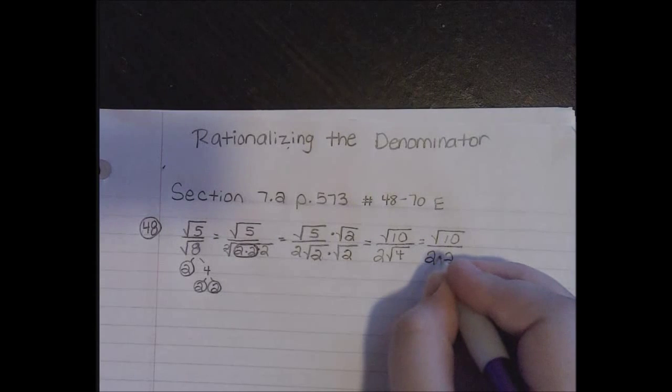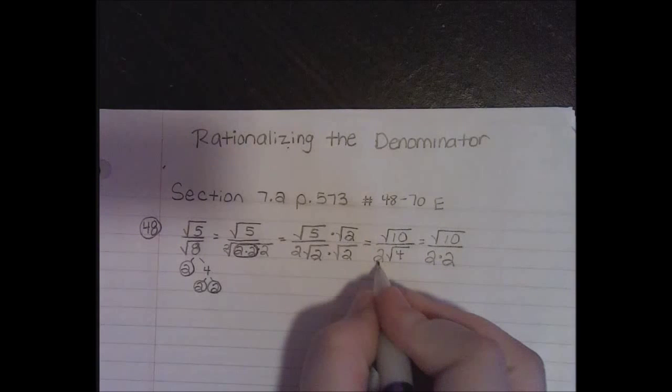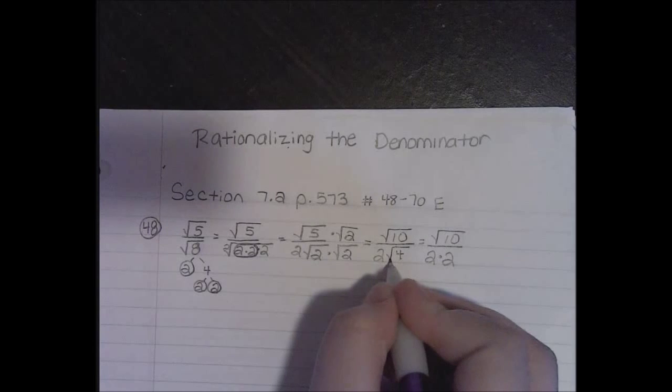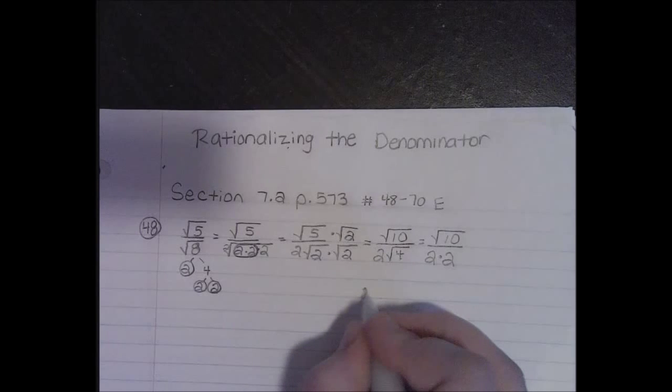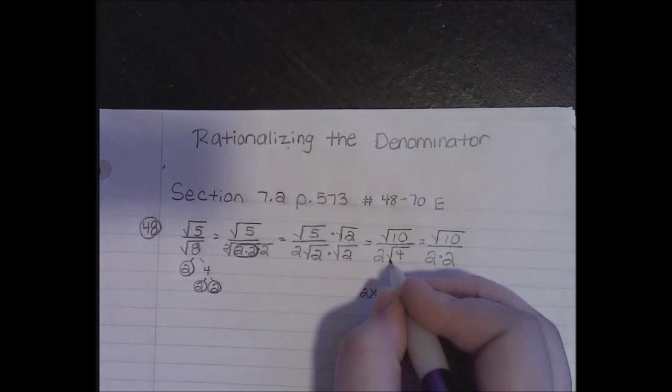Now we are going to multiply these 2's together because whenever you have a 2 next to a radical, that operation means multiplication. Just as if it was a 2x as demonstrated here. If you have a 2 next to an x, that also means multiplication. Same rule applies with radicals.